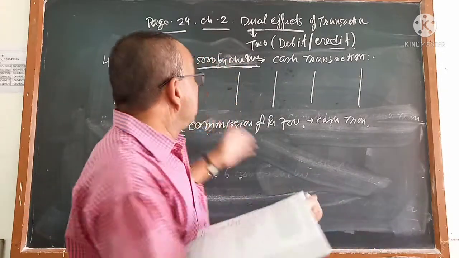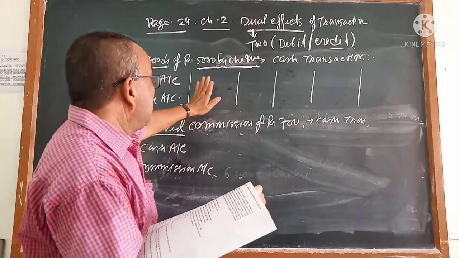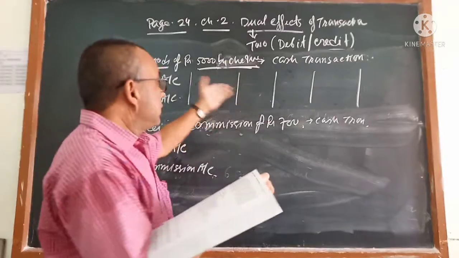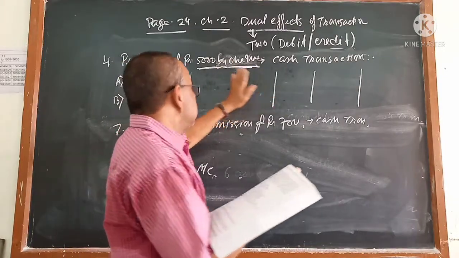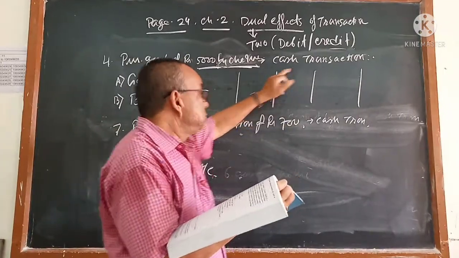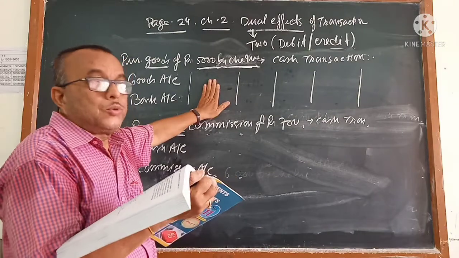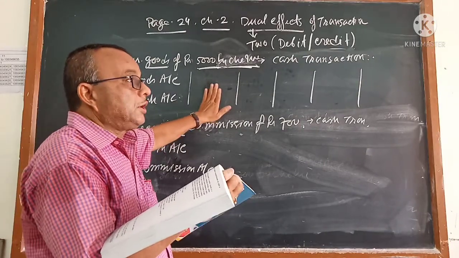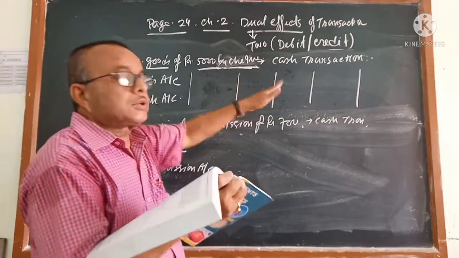After that, I will go to the next steps. Tomorrow, meaning the next video, I will tell you the next steps: first step, second step, third step, we will find out the two accounts. Which category each account comes under will come afterwards.